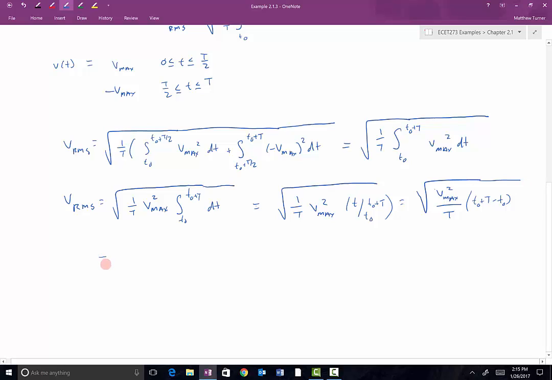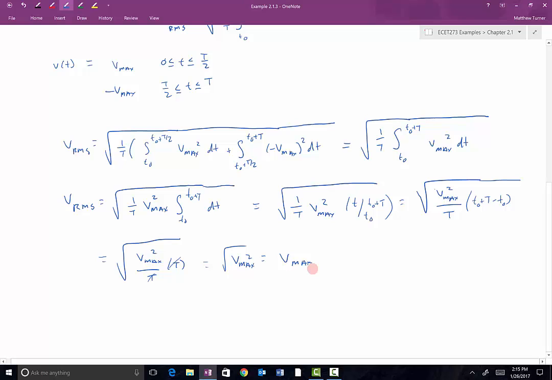That simplifies down to the root of V max squared over T, just times the period. These cancel. We get the root of V max squared, which is just equal to the peak voltage.